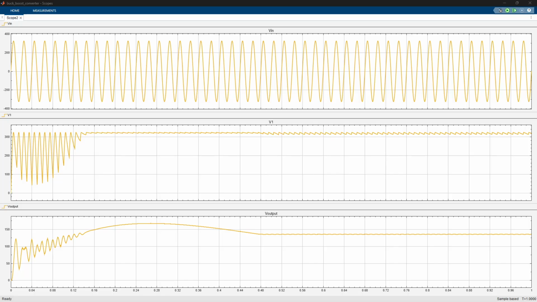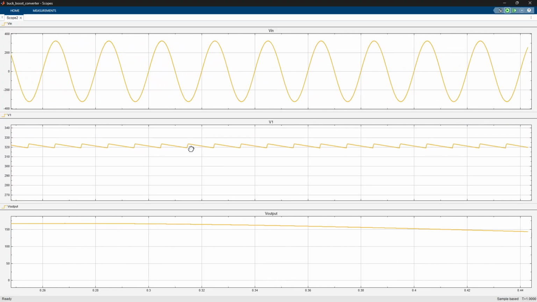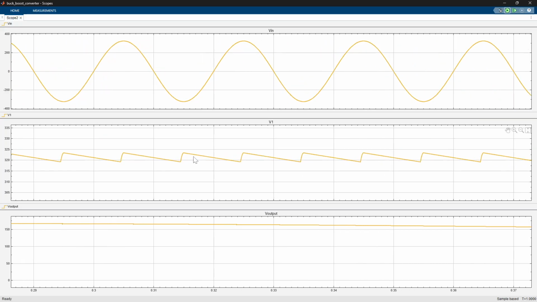Then next, at the DC link, the DC link voltage V1. What you see is a large oscillation at the beginning. Then it settles around 310 to 325. So it settles within the 310 to 325 range, right?